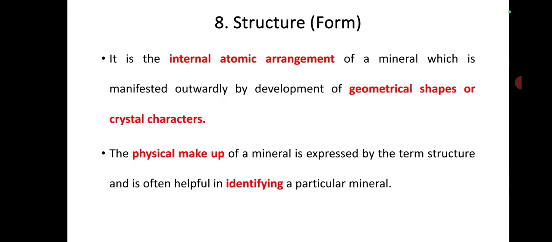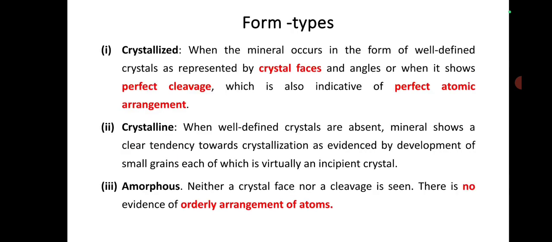Broadly we can classify forms into crystallized, crystalline and amorphous. Crystallized means when the mineral occurs in the form of well-defined crystals as represented by the crystal faces and angles, or when it shows perfect cleavage, which is also indicative of the perfect atomic arrangement.